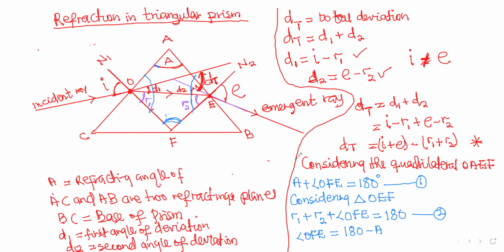So that is how we got A plus angle OFE being equal to 180. Then we considered triangle OEF. The sum of angles in a triangle must be 180, so angle R1 plus R2 plus angle OFE must also give us 180 degrees.